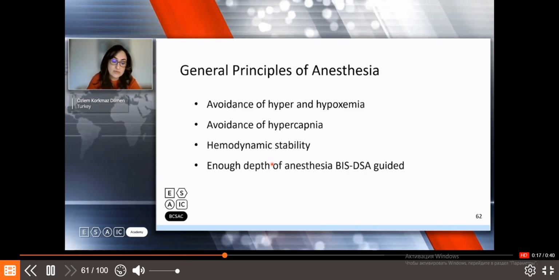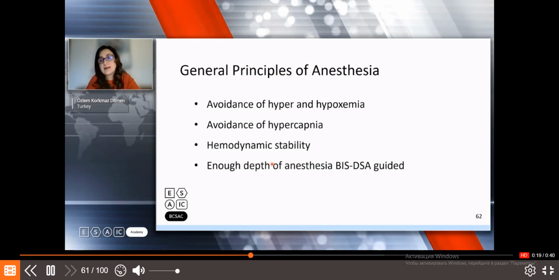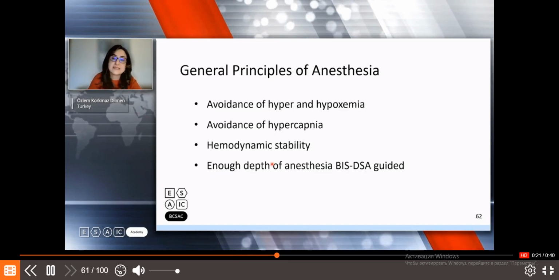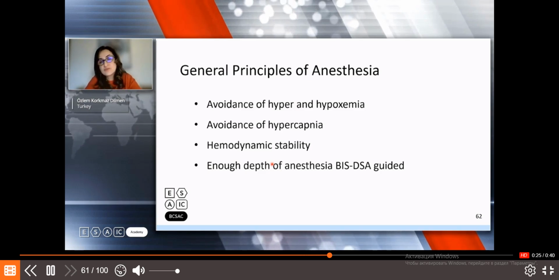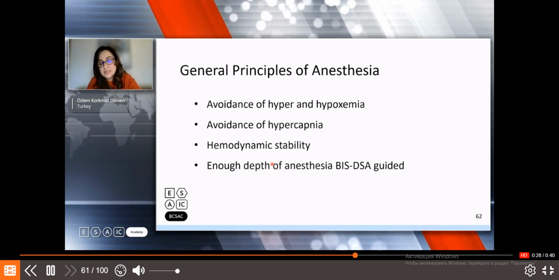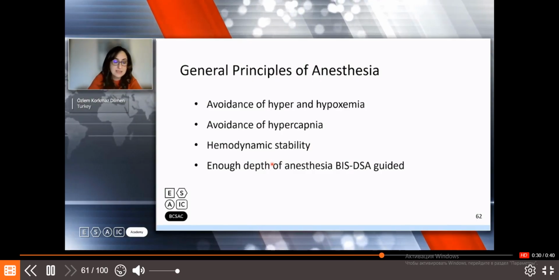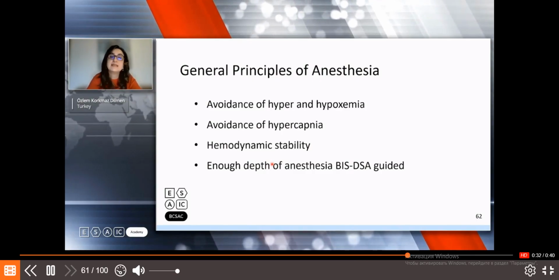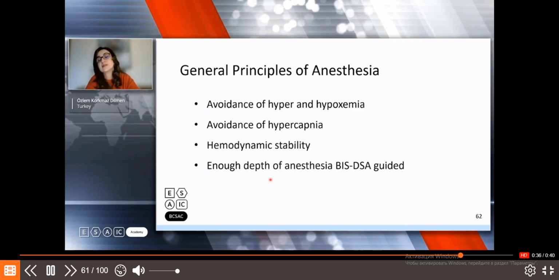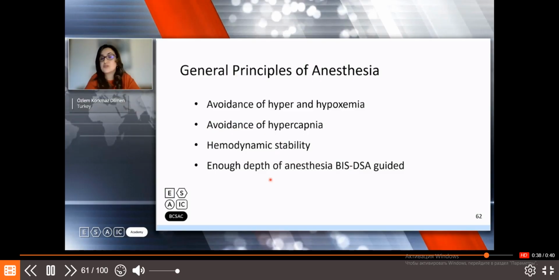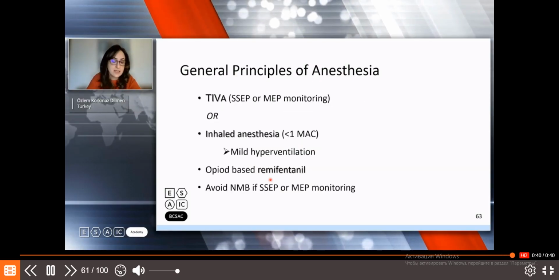Surgical manipulation of the brainstem structures can cause a severe hemodynamic response in posterior fossa surgery. Interruption of the surgical stimulus and administration of antiarrhythmic drugs may be necessary. Enough depth of anesthesia should be arranged by BIS and processed EEG guidance.